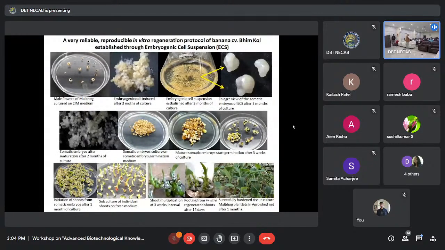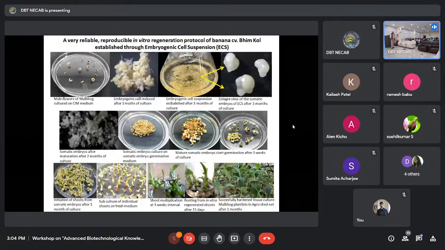Similarly, in the case of somatic embryogenesis, since we are using male flowers here, these somatic embryos also need to be mature. If you allow them to germinate immediately, they will produce a very weak seedling. So we need to mature them, and that is why we put them on another medium, in a solidified plate.